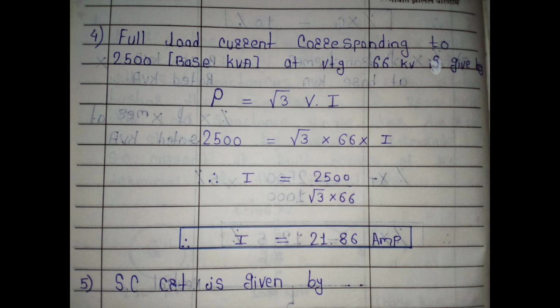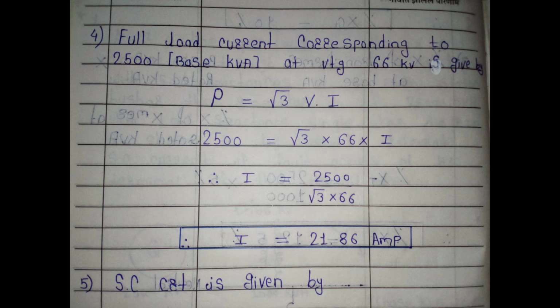So the power, base kVA, is 2500, equal to root 3 into voltage 66 into current, and we find the current. So I is equal to base kVA upon root 3 into voltage, which is 21.86 ampere. This is the full load current.